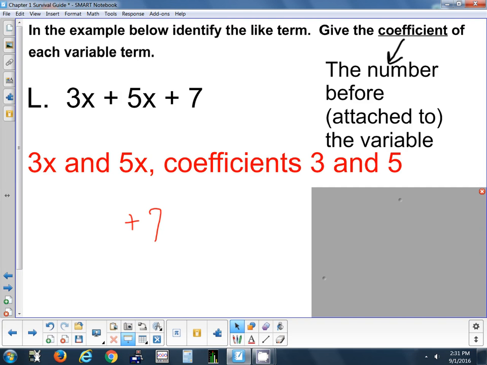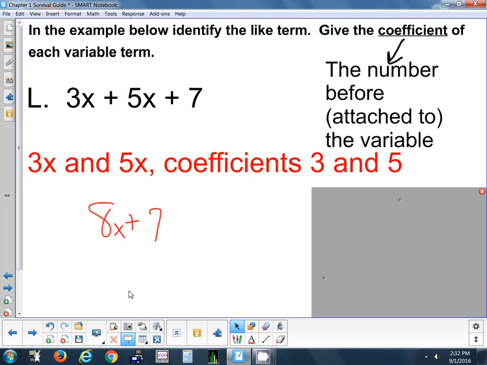You agree with me or no? It's okay to disagree with me. Is 3 plus 5 8? Sure? All right, so 3x and 5x is 8x plus 7. We didn't have to solve it, but Marissa wanted to, so we did.